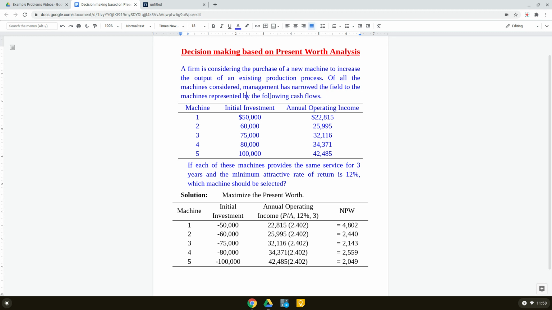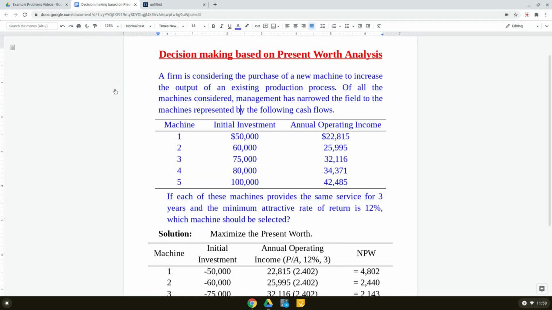So this particular company is trying to buy a new machine to increase the output of an existing production process. After giving it a lot of consideration, they narrowed down their choices to these five machines that are documented in this table. And we have some cash flows associated with each of these alternatives.